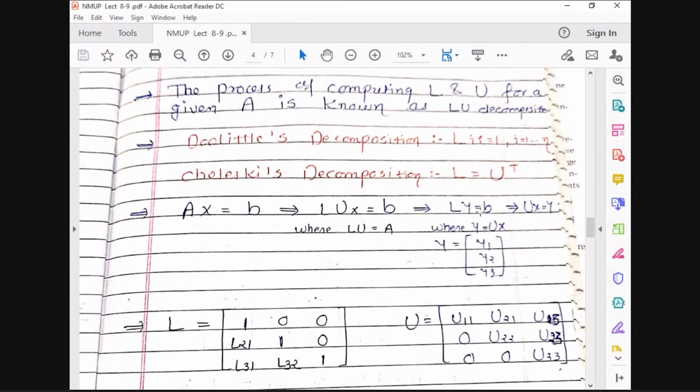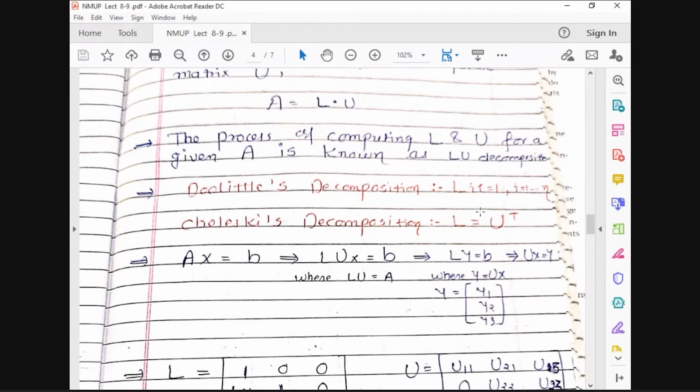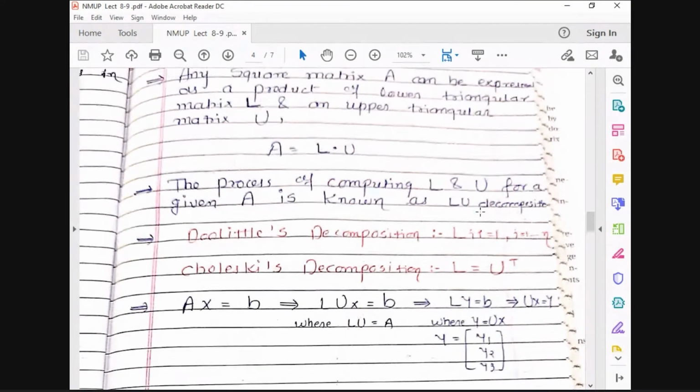And what do you mean by the decomposition? Decomposition is nothing but the square matrix that we are going to divide into two parts. First one is the upper triangular, second one is the lower triangular. To make our calculations very simple, and if the number of coefficients which are unknown to us is large and we want to find their values, at that time we are going to use this method, right?